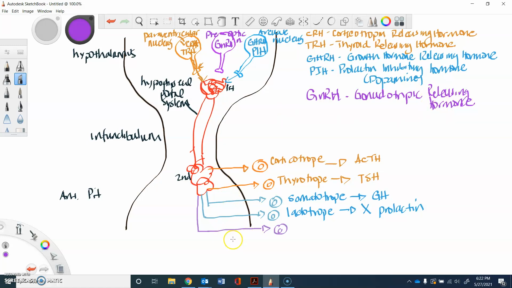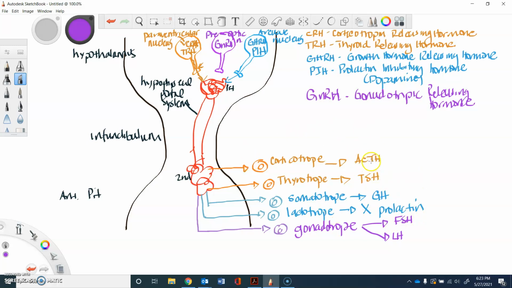And it will target a cell called a gonadotrope. And the gonadotrope will secrete two hormones: FSH, which is follicle stimulating hormone, and LH, which is luteinizing hormone.